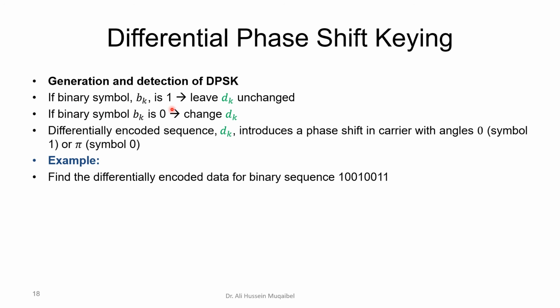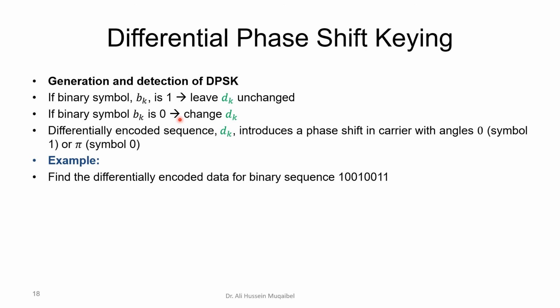If the binary symbol is 1, we'll leave the data unchanged. If the binary symbol is 0, we're going to introduce a change. That's differential recoding. So the differentially encoded sequence introduces a phase shift in a carrier with angle 0, and this is why we call it phase shift keying.